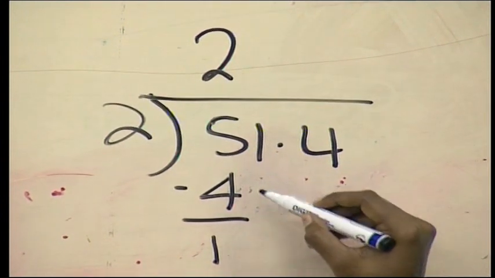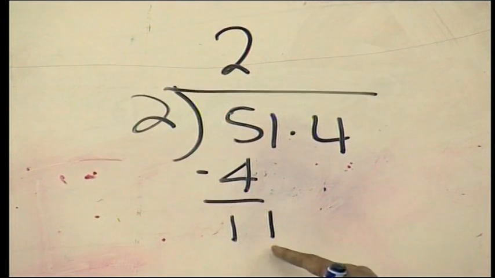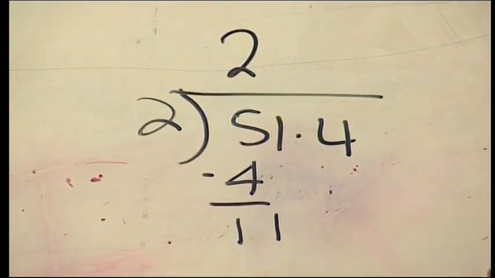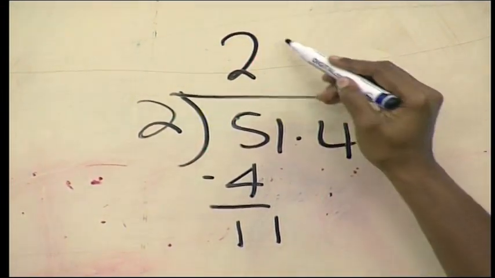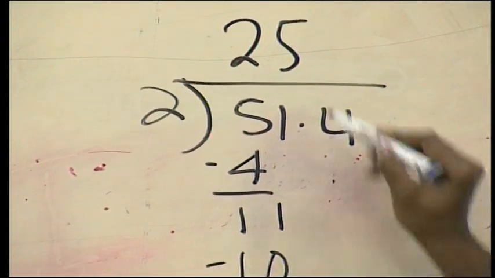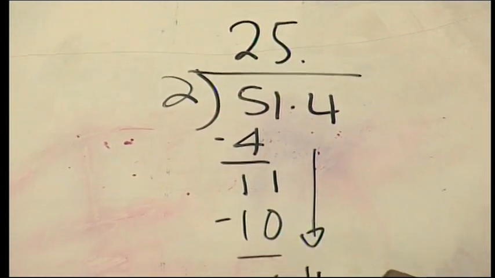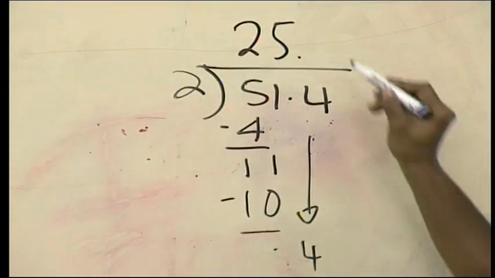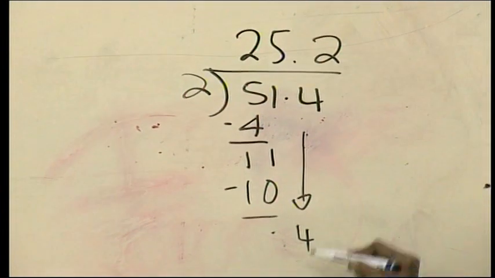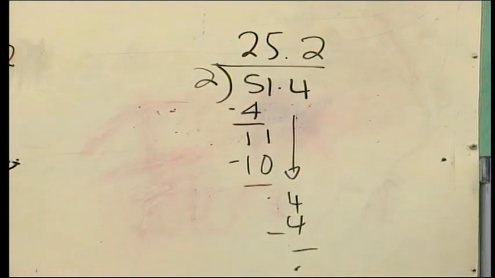Okay, bring down the 1. Okay, 2 into 11? 5. 2 5s are 10. Okay, decimal point up there. Bring down the 4. 2 into 4 is 2. Okay, 2 2s are 4. So your answer should be 25.2.